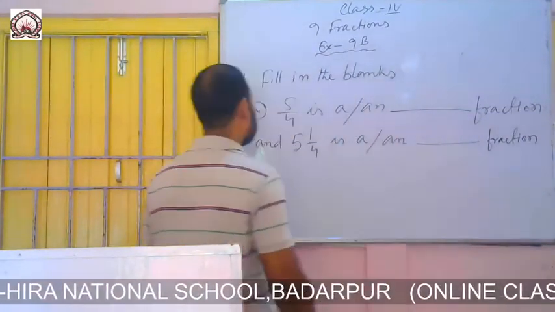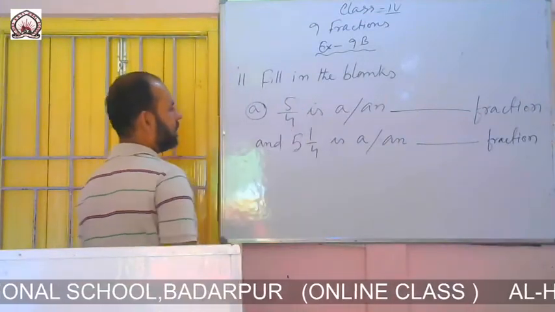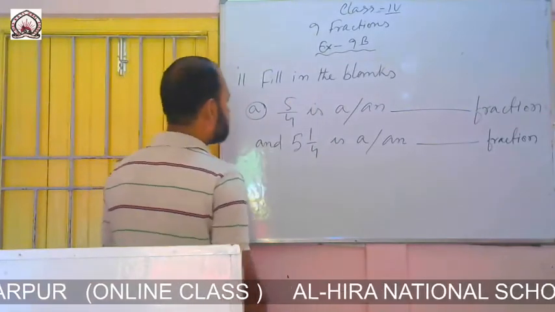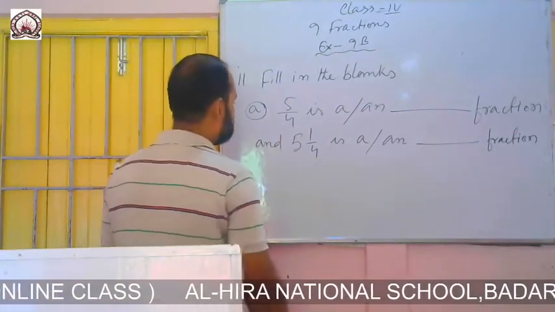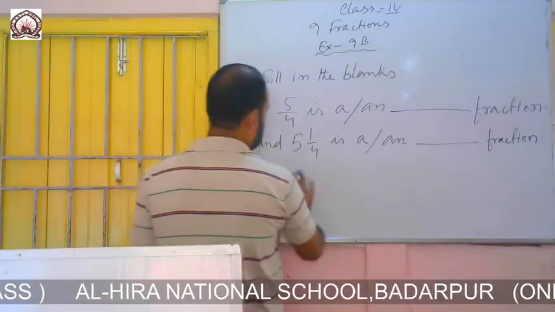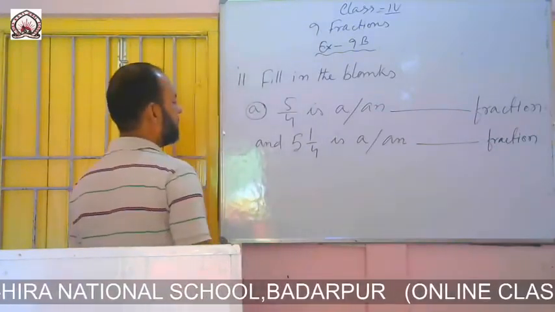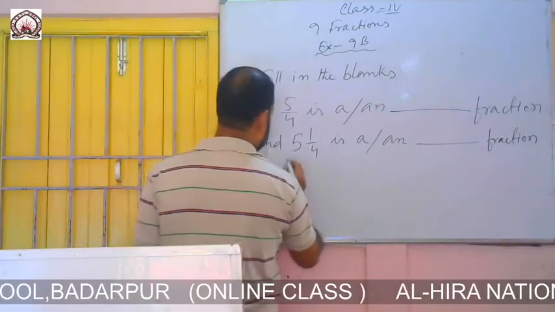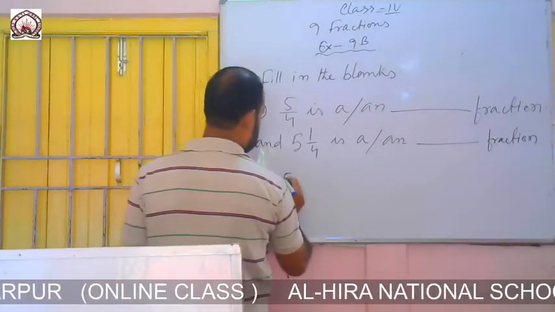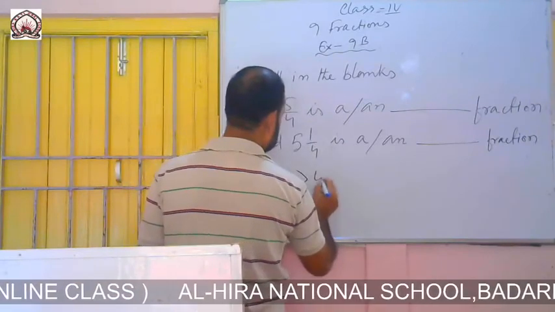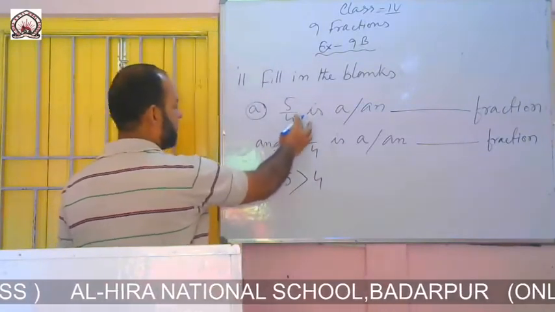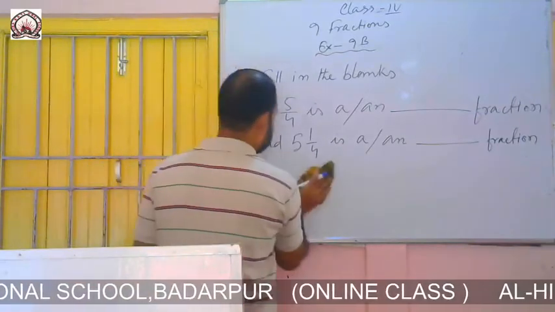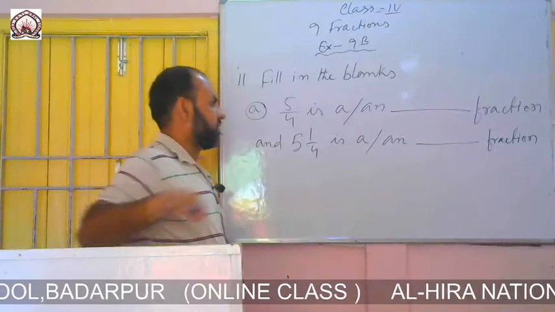We know if the numerator is greater than the denominator, then it is an improper fraction. So here 5 is greater than 4, so the numerator is greater than the denominator. That means this 5/4 is an improper fraction.